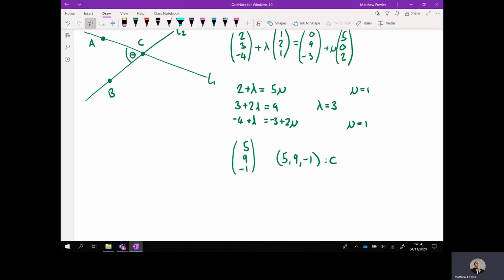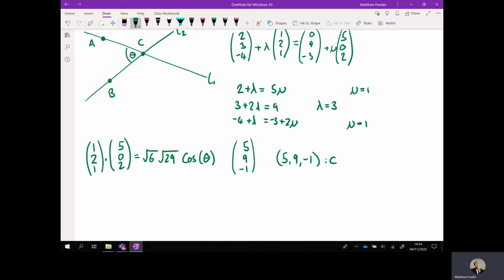Line 1's direction vector (1, 2, 1) and line 2's direction vector (5, 0, 2) can then be used in the scalar product formula in order to find the angle between the two lines. The dot product formula says that the individual lengths of the two direction vectors multiplied by cos of the angle between them must be equal to the dot product of the two vectors.